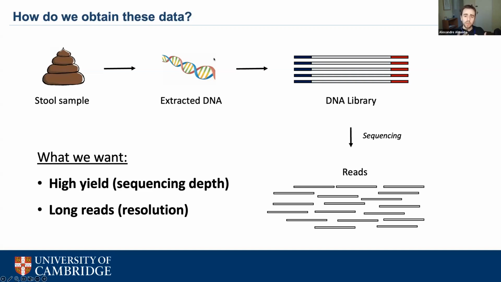Now, when you're planning which DNA sequencing technology to use, what you really want out of it is a high yield. You want lots of reads representing your sequence. The more reads you have, the better coverage you will have of the whole genome present in your sample, and the more confidence you will have in how the sequence identifies the different positions in your DNA. And then the other thing that you want is long reads.